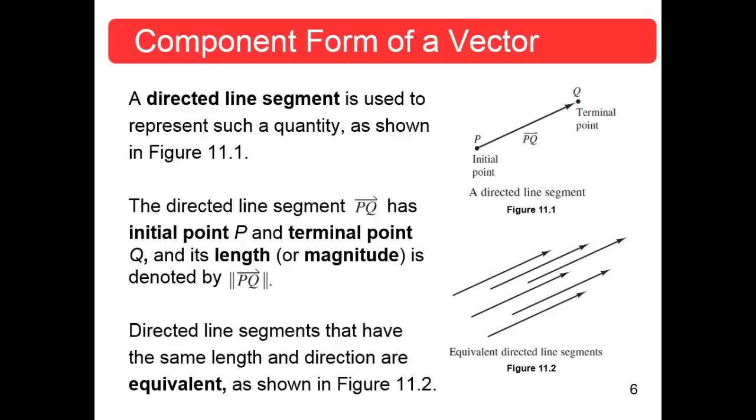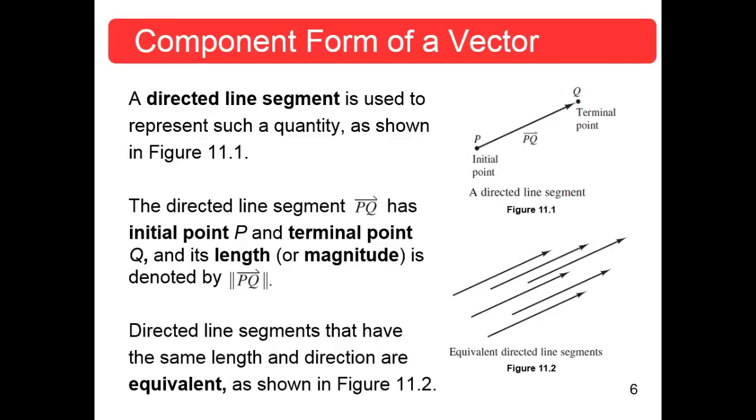Okay? Directed line segments that have the same magnitude or length and exactly the same orientation or direction are called equivalent, and later we'll call them equal vectors. So if this vector here has a fixed magnitude at a fixed angle, same length, same direction, no matter where they are on the board, or even out here in space.